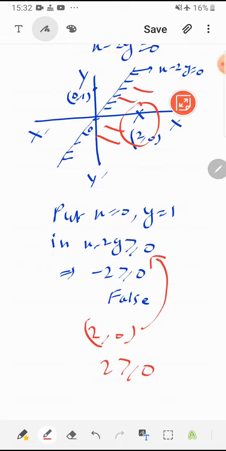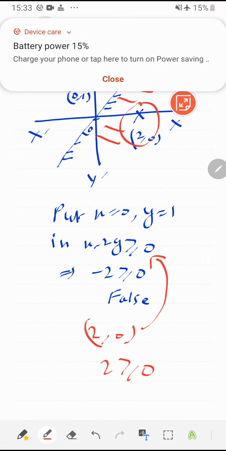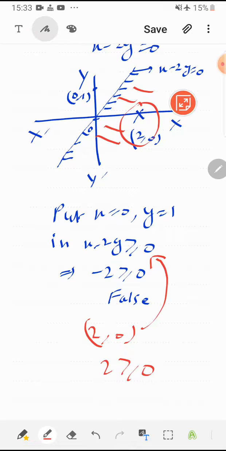So either you put any point from the x-axis or y-axis in case the line is passing through the origin. Both points will give you the same result. So hence we can shade a line passing through the origin.